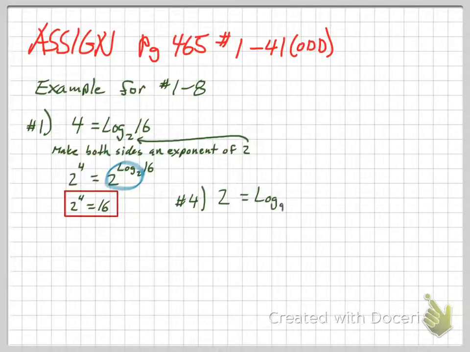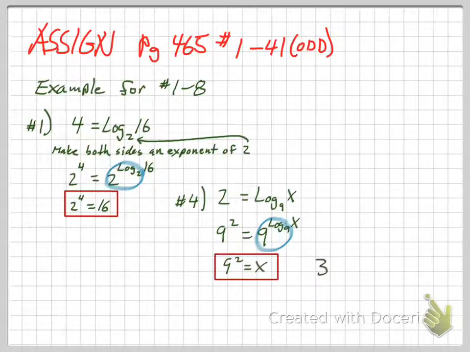And it's the same thing. This time I'm given a variable in there, but I'm going to do the exact same thing. I am going to pick a base of 9. Why? Because it's a log base 9.